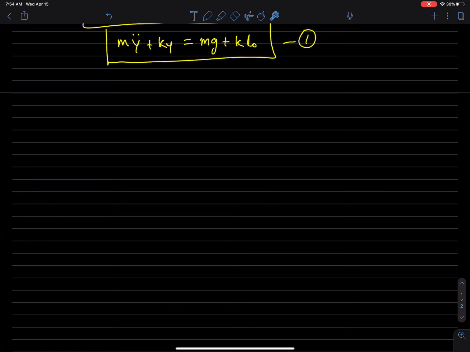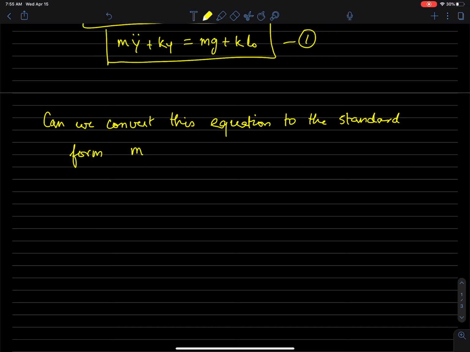Can we convert this equation to the standard form m x double dot plus kx equal to 0? Let's call this equation 2, okay?